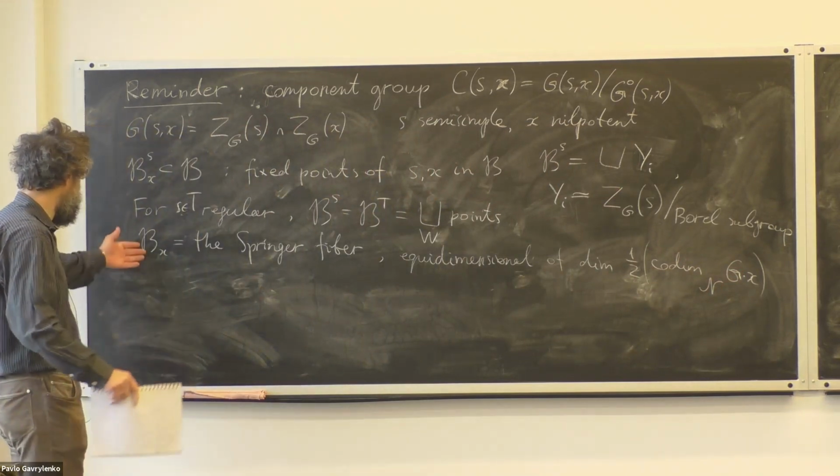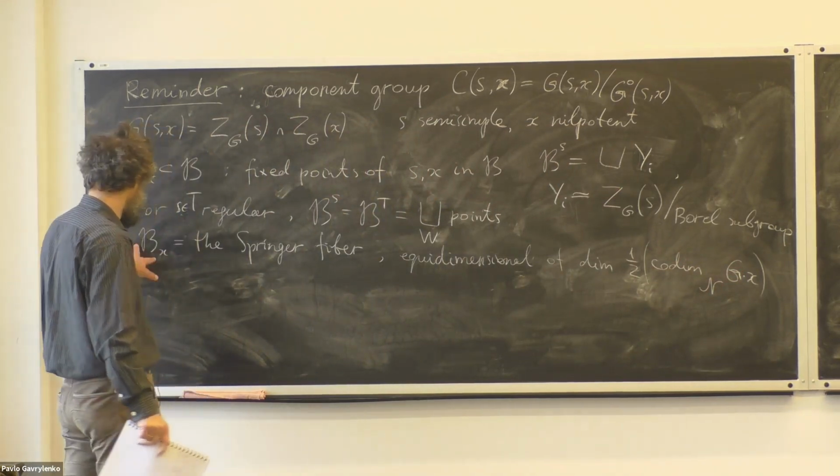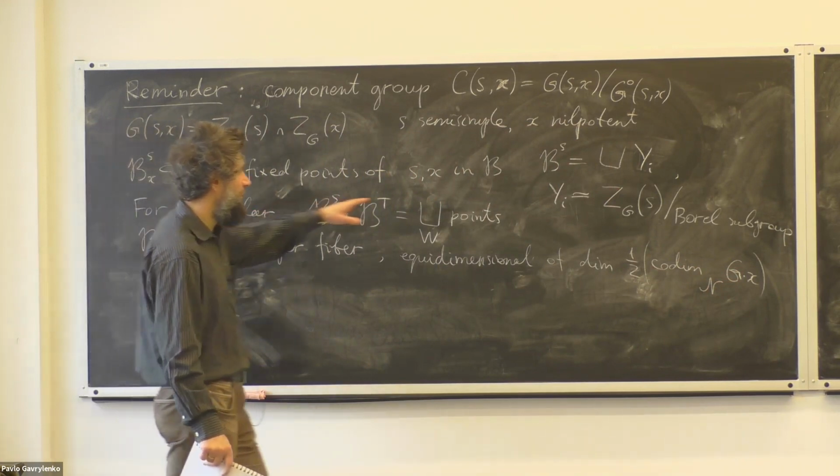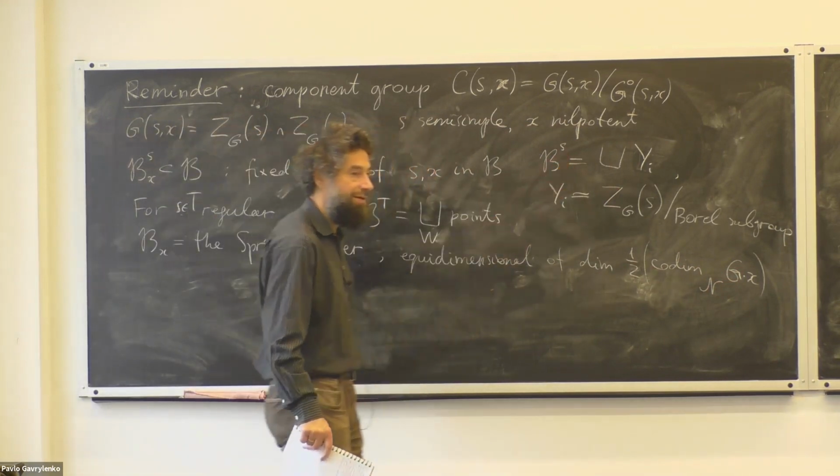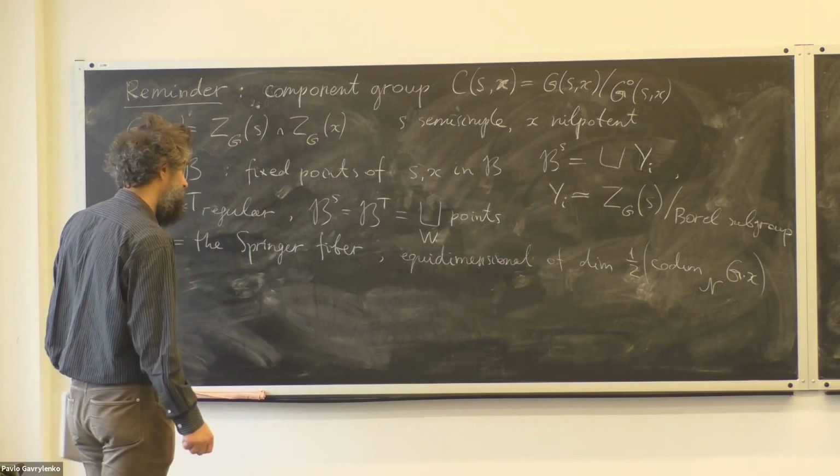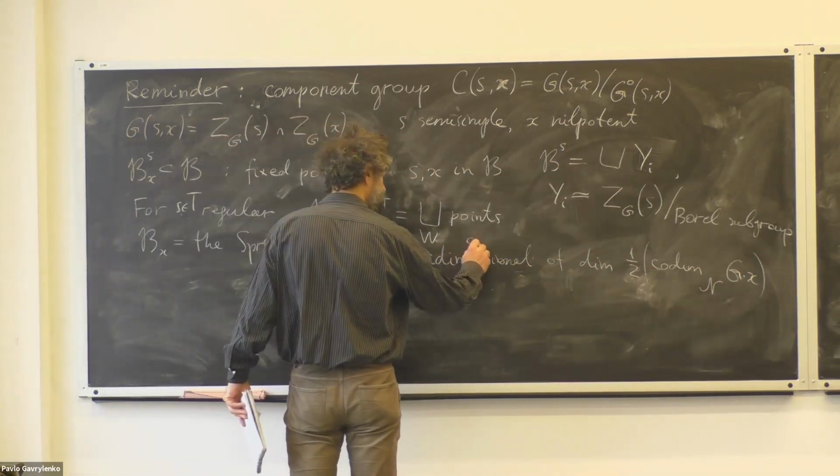And now you intersect those singular Springer fibers with those smooth but disconnected. Maybe I should add that this is connected.